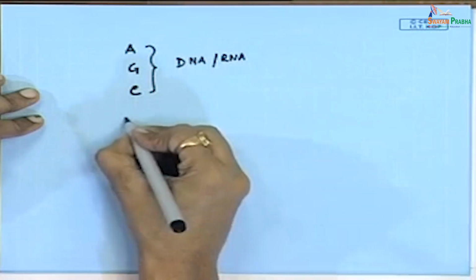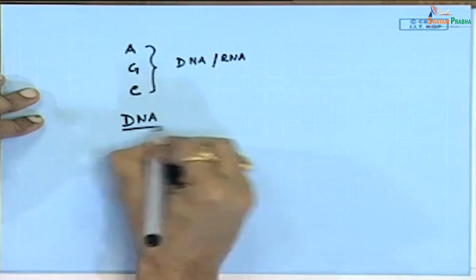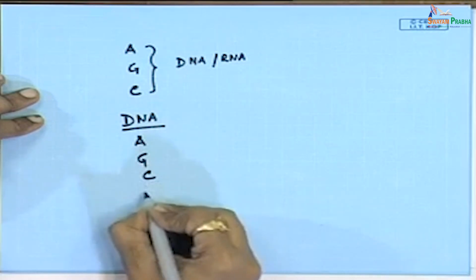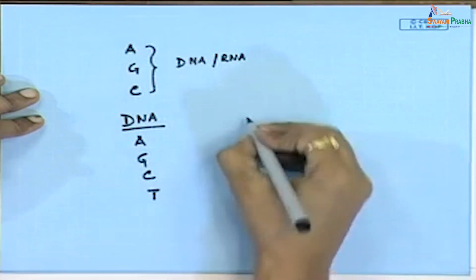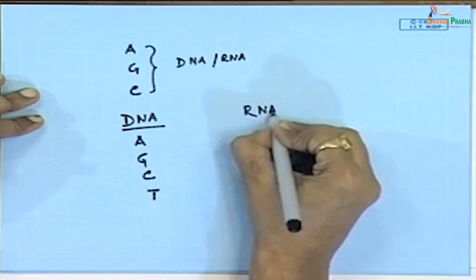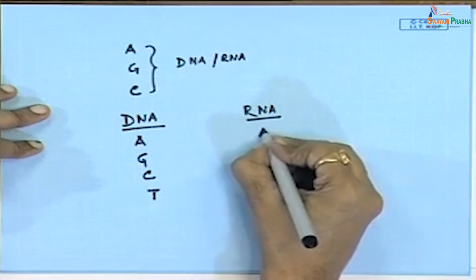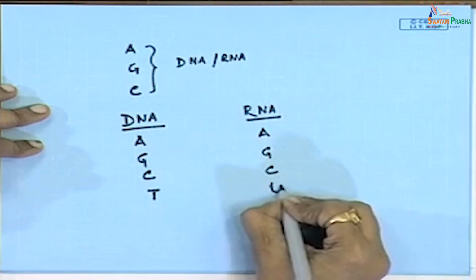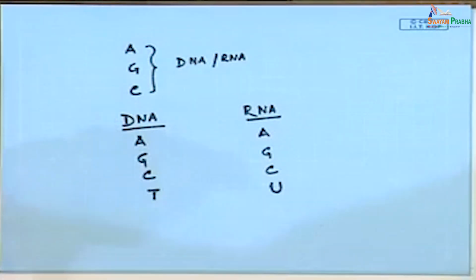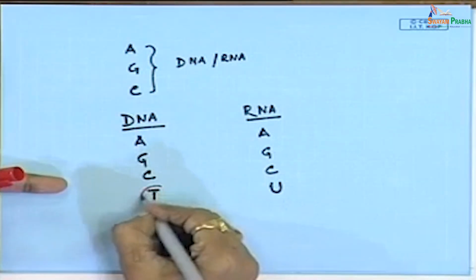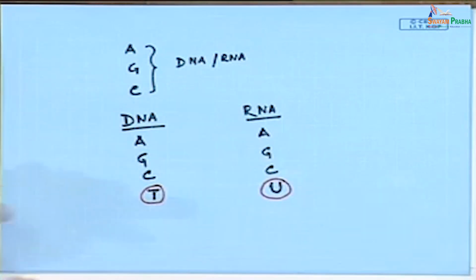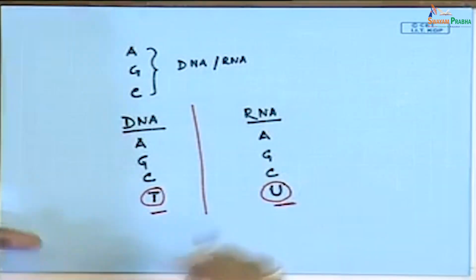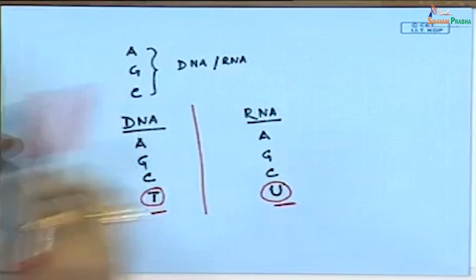Whereas when we are considering DNA, we write A, G, C and T, and when we are talking about RNA, we write A, G, C and U. The thymine is replaced with uracil. This is the difference between a DNA molecule and an RNA molecule.